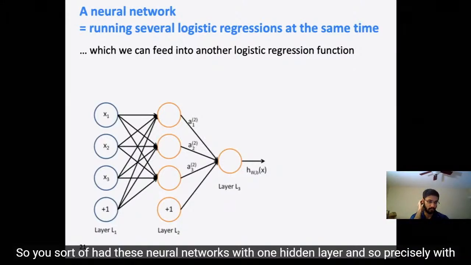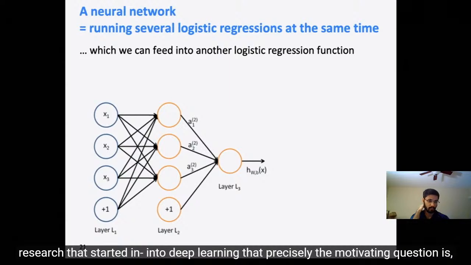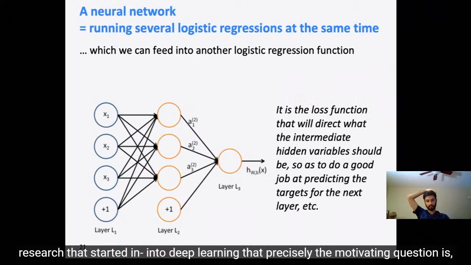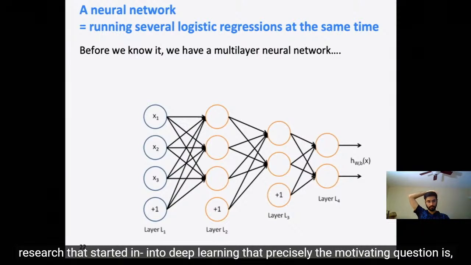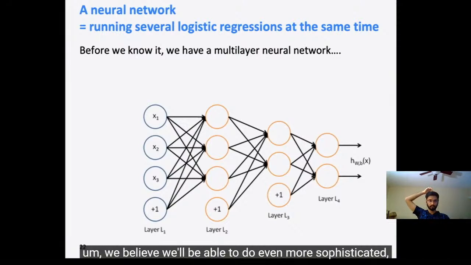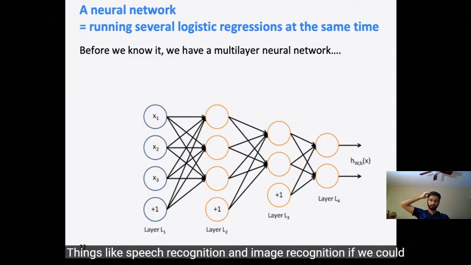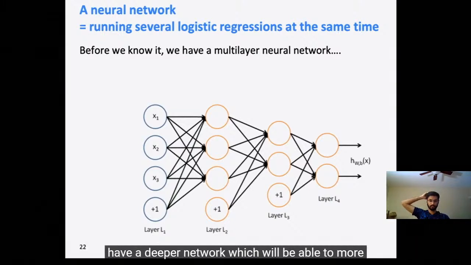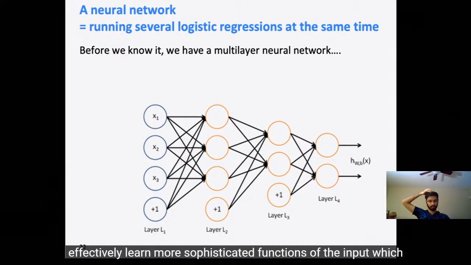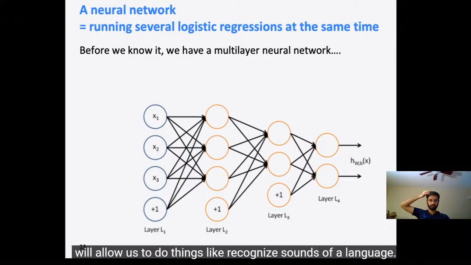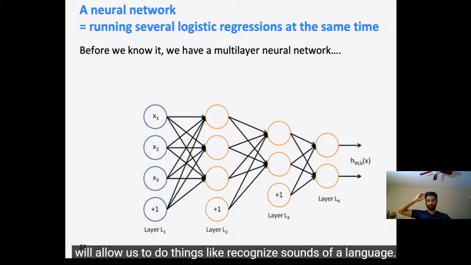And so precisely with research that started into deep learning, the motivating question is, we believe we'll be able to do even more sophisticated classification for more complex tasks, things like speech recognition and image recognition, if we could have a deeper network which will be able to more effectively learn more sophisticated functions of the input, which will allow us to do things like recognize sounds of a language.